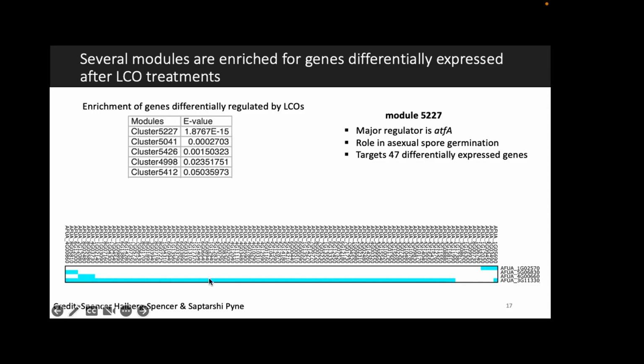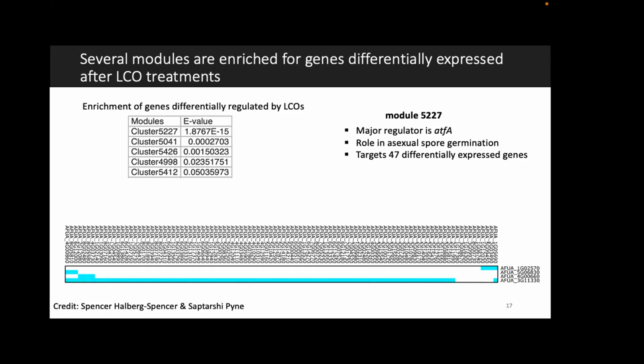And that regulator is a transcription factor known as ATFA, which has been pretty well characterized in Aspergillus fumigatus. More importantly, it was initially discovered to be important for asexual germination and the stress tolerance of that asexual spore. But more importantly, it seems to be regulating a lot of my differentially expressed genes.